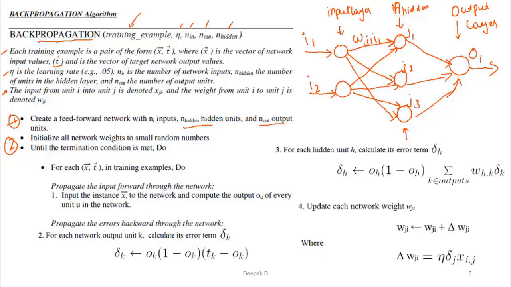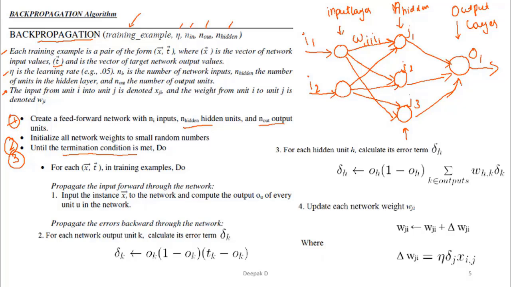So this is how we denote. Similarly, for all the connections from input layer to hidden layer and hidden layer to the output layer, the weights are initialized with small random numbers, and you need to perform some steps repeatedly until a termination condition is met. What the steps are, we shall see now.